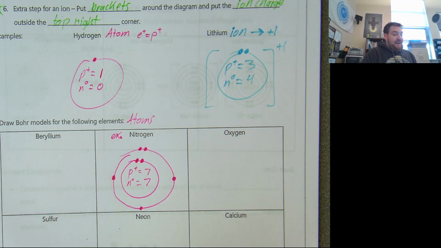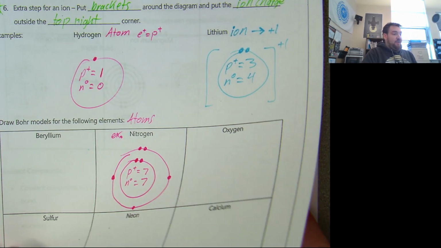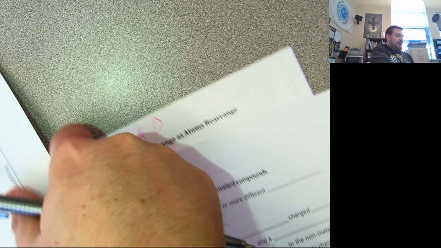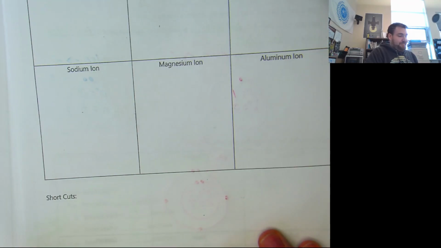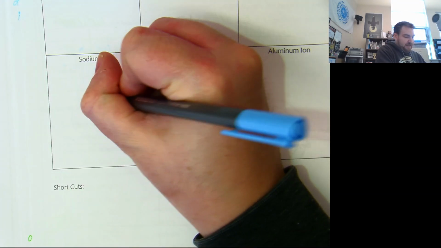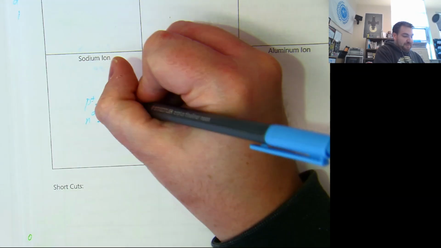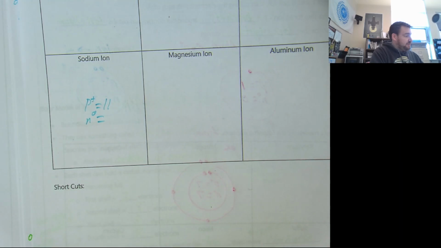I'll do one more example of an ion for you. Flip the page when you're ready. On the top middle, I'm going to do the sodium ion. So always P plus equals, N0 equals. The atomic number for sodium is 11, so that's the number of protons.